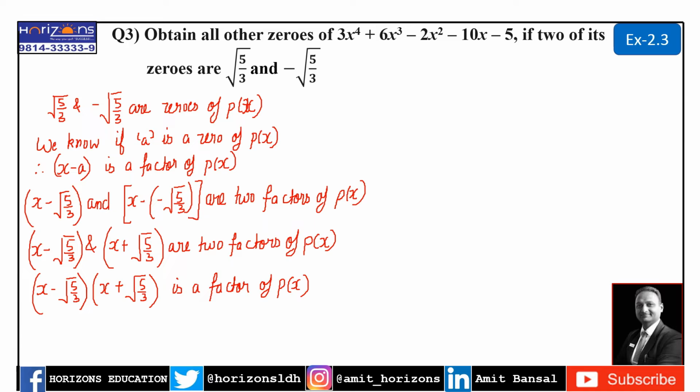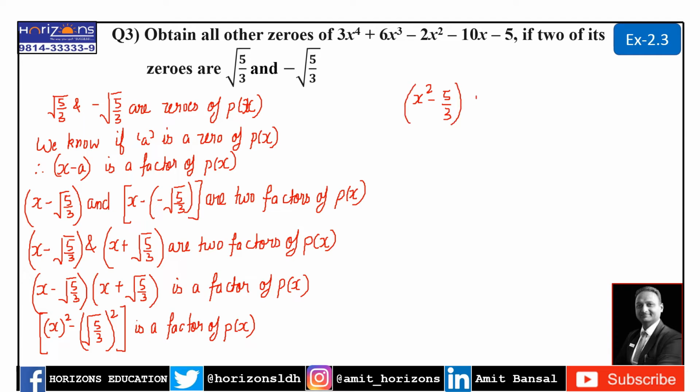So (a minus b) into (a plus b) is a square minus b square. So I get x square minus (root 5 by root 3) whole square is a factor of p(x). Right? Which means that x square minus 5 over 3 is a factor of p(x).